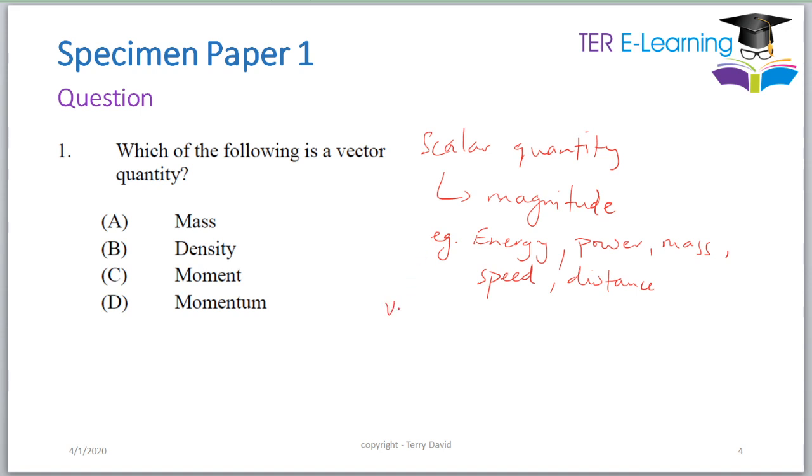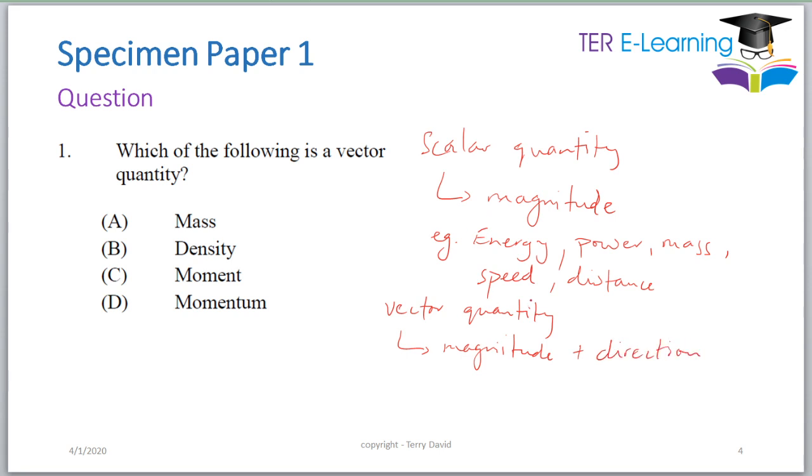But then in physics we have something called a vector quantity. A vector quantity has both magnitude and direction.